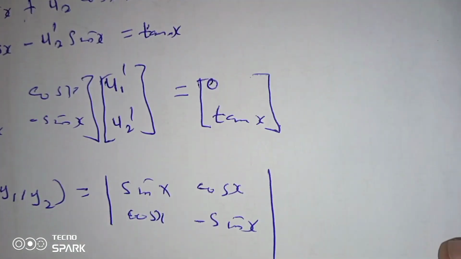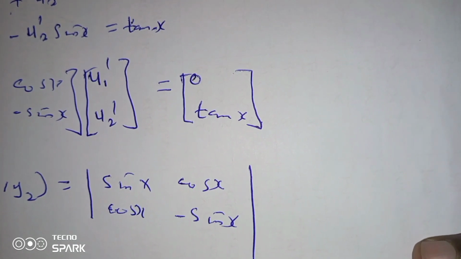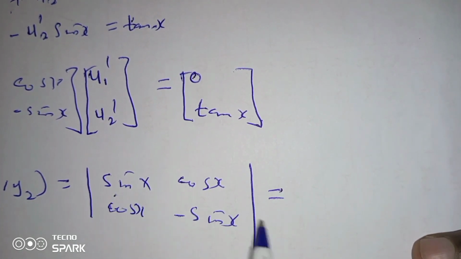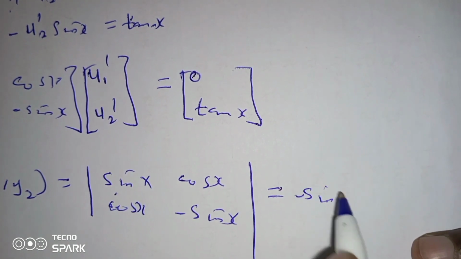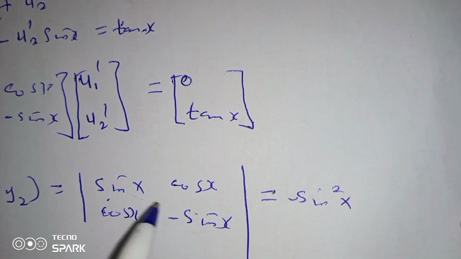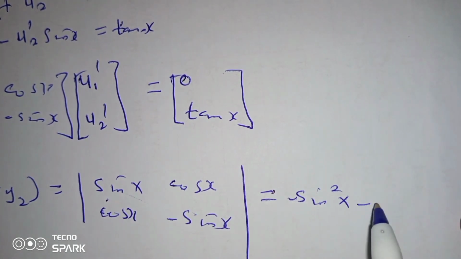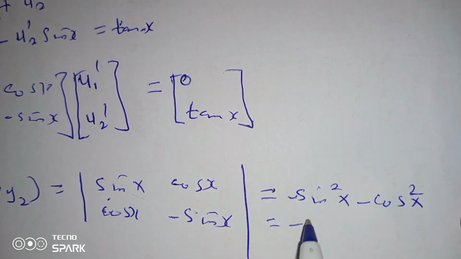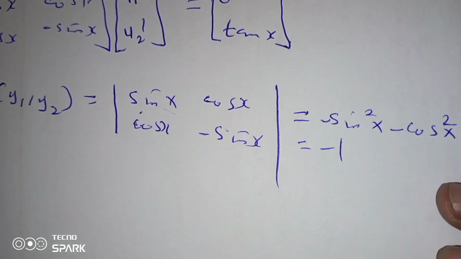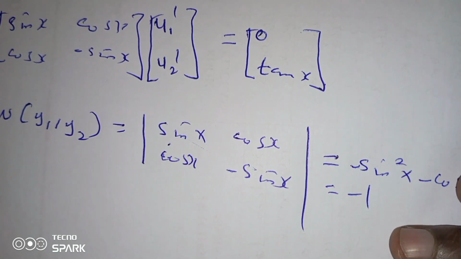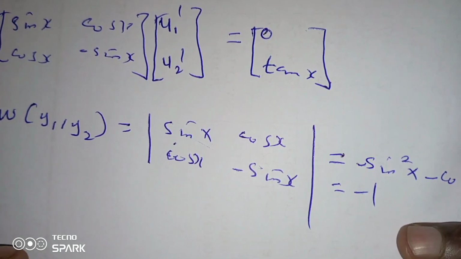Now when you get this determinant, you multiply the main diagonal minus the other diagonal, giving negative sine squared x minus cos squared x, which will give you -1.